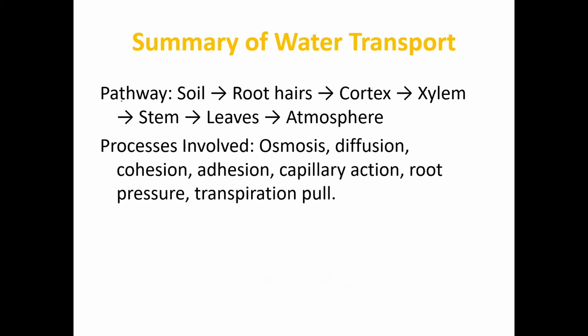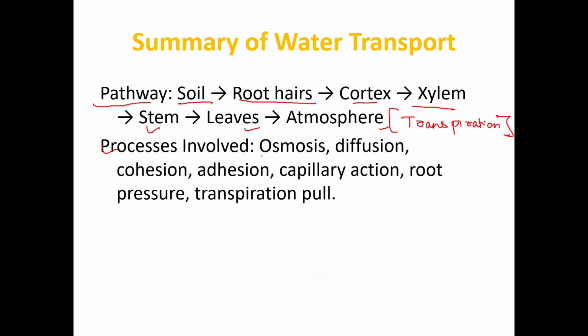Summary. So what is the water pathway? Water travels from soil to root hair, then cortex, then xylem, then finally stem, leaf and atmosphere. This loss of water we call transpiration, through the help of stomata.